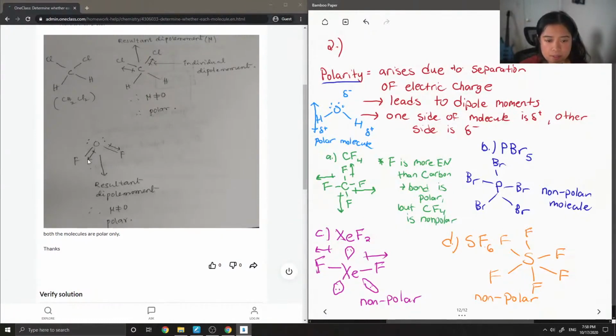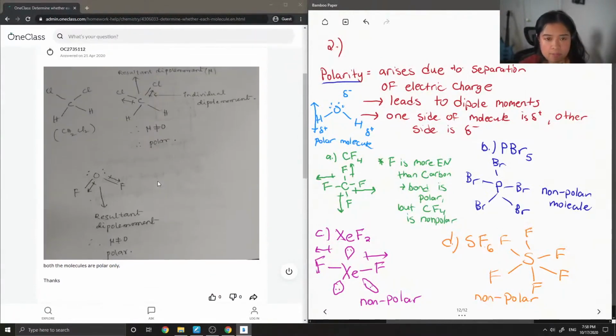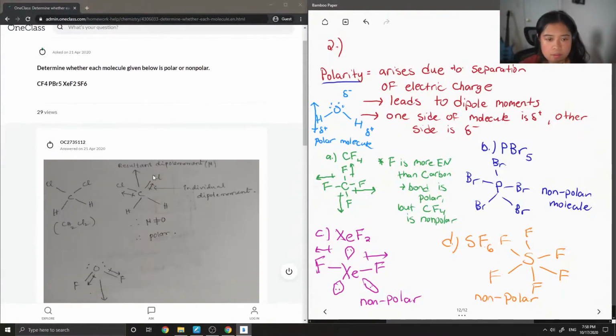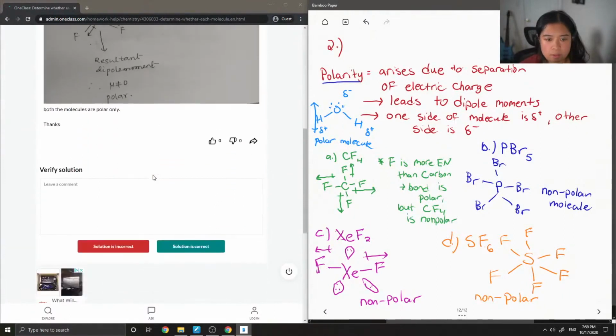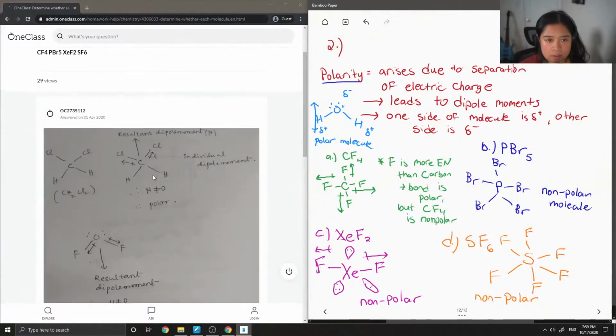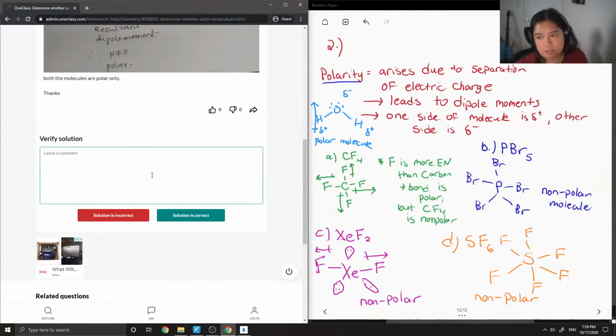And then here we have another polar molecule. So I'm just going to verify with the molecules that were given in the question.